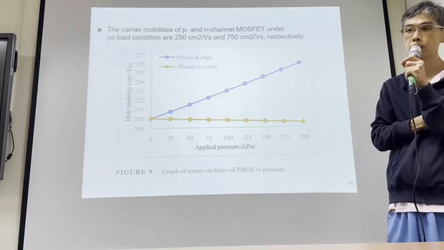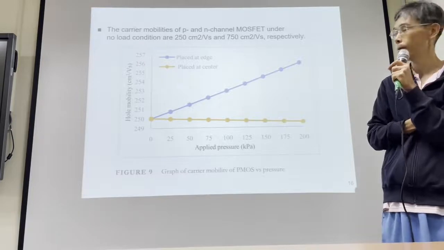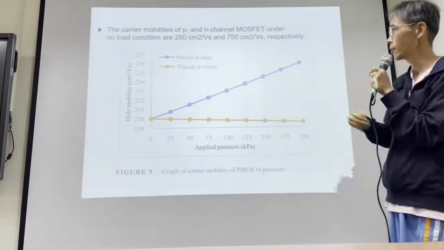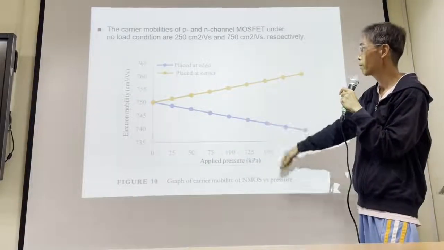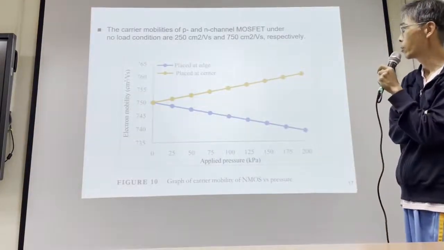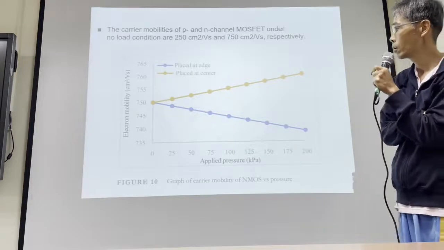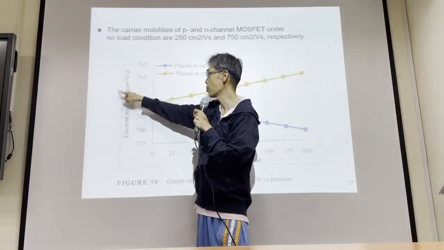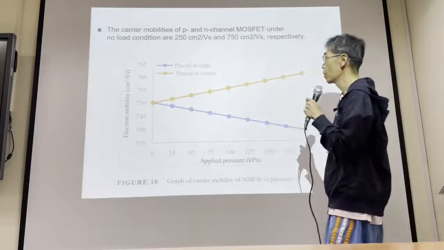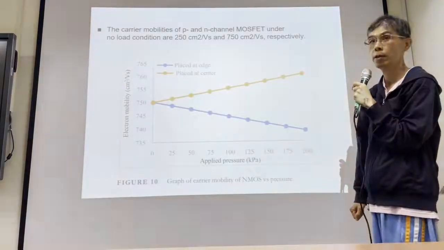So you should be able to work it out by yourselves. Okay, next. The mobility for NMOS, the initial one, 750 cm squared per volt second. Okay, next.